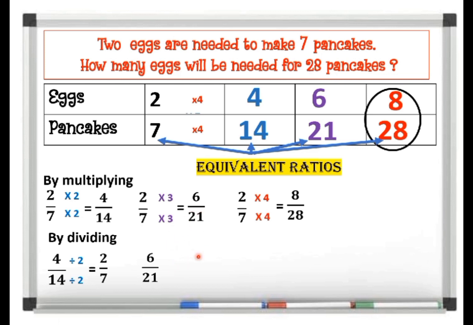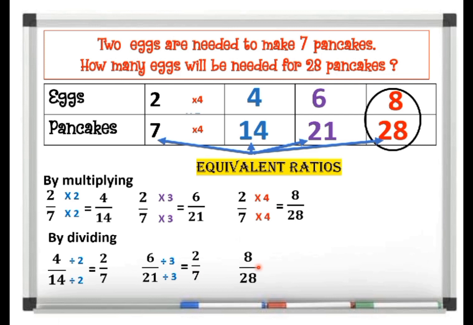Okay, or their GCF is 3. So, let us divide. 6 divided by 3, the answer is 2. 21 divided by 3, the answer is 7. Okay? So, 6 over 21 is equals to 2 over 7.